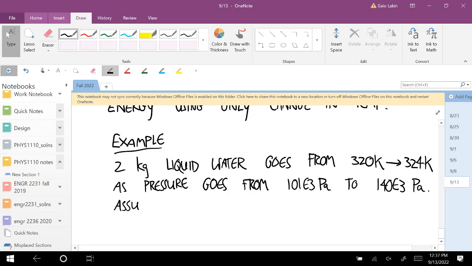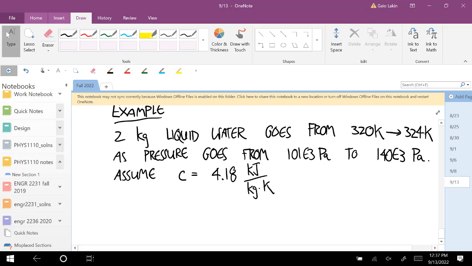We're going to assume that the specific heat is 4.18 kilojoules per kilogram times Kelvin. And we want to calculate the change in internal energy and the change in enthalpy.